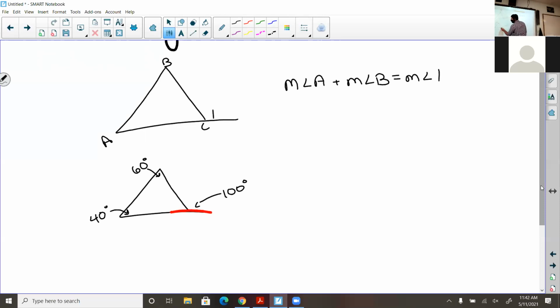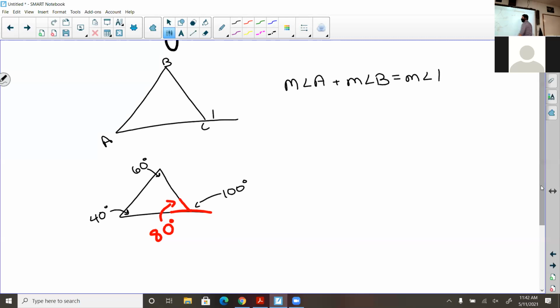Right here, I have a linear pair. Now, if I were to add up 40 and 60, I get 100. By the definition of a triangle, the interior angles have to add up to 180. So if 100 is on the opposite side, that means that right in here has to be 80 degrees.